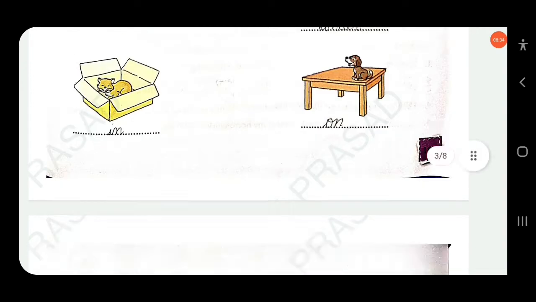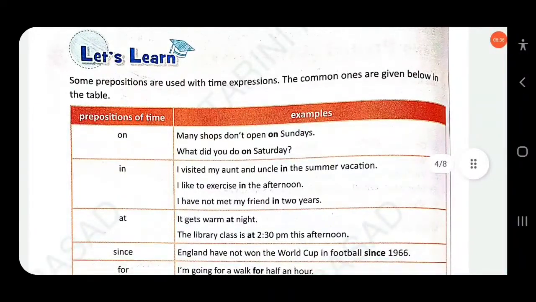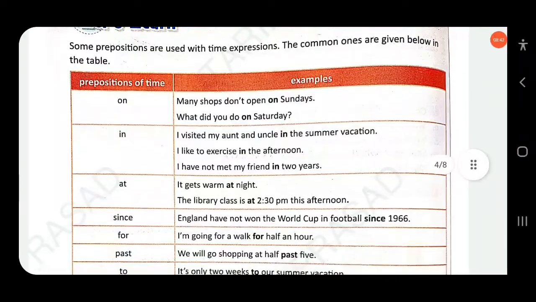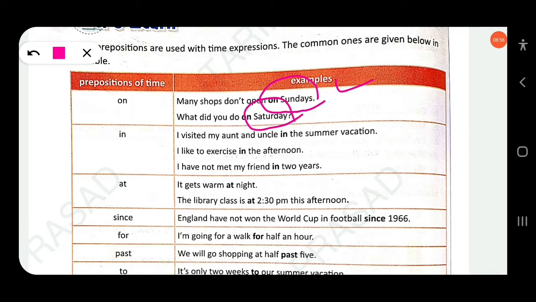Clear? Then next here, some prepositions are used with time expressions. The common ones are given below in the table. The first use is of "on". As I have already told you, we use "on" before days of the week: on Sundays, on Monday, on Tuesday, on Saturday.